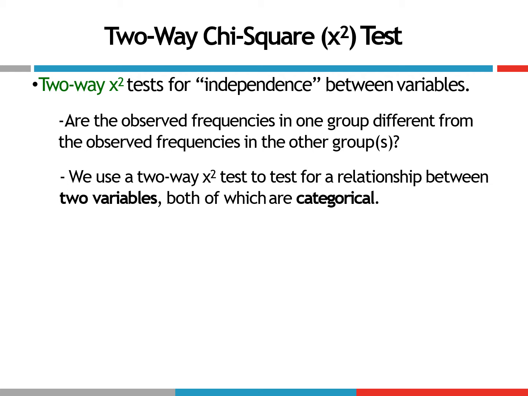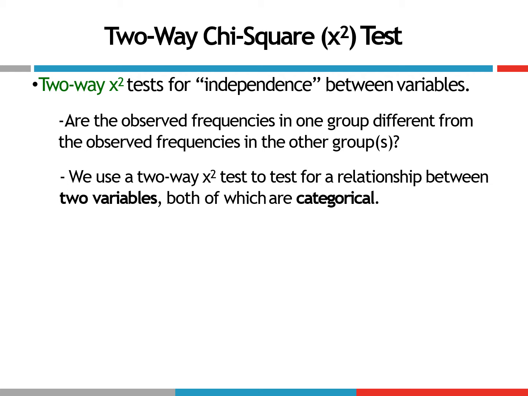So essentially what we learn when we conduct a two-way chi-square test is we're trying to find out if the observed frequencies or percentages in one group in our sample differ from the observed frequencies in another group from our sample, okay?